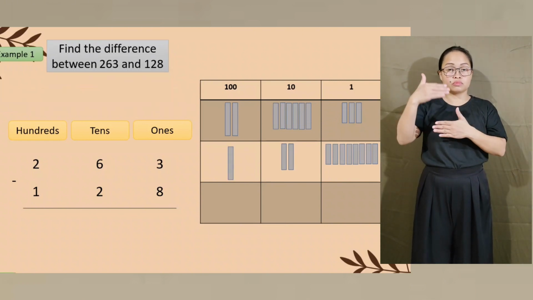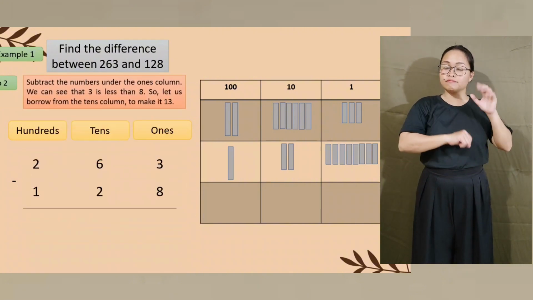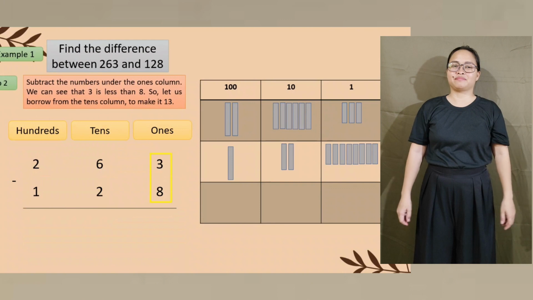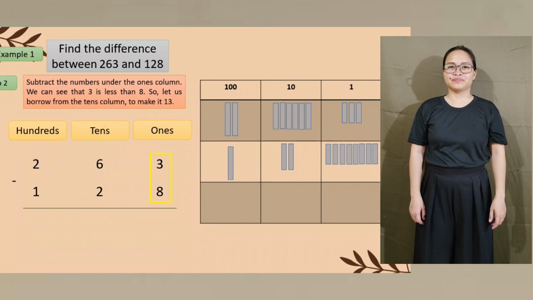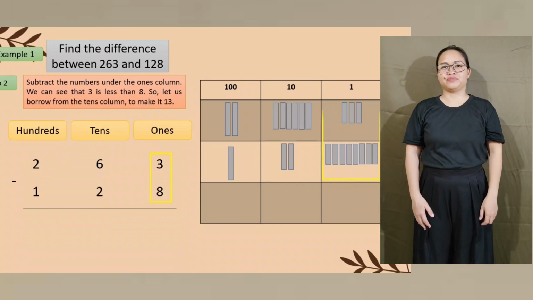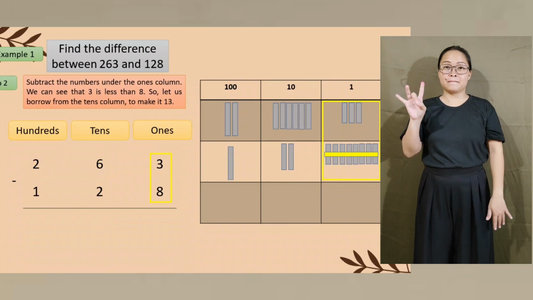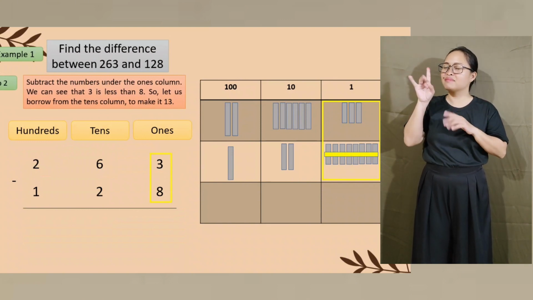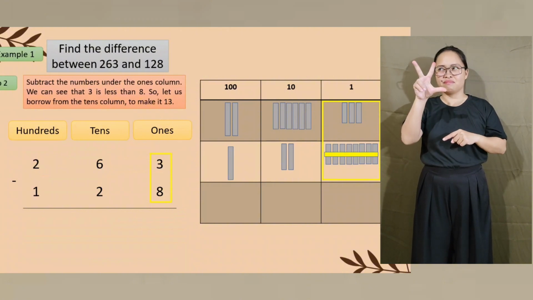Now step 2. Subtract the number under the ones place. So 3 minus 8. 3 minus 8 is not possible since 3 is lesser than 8.